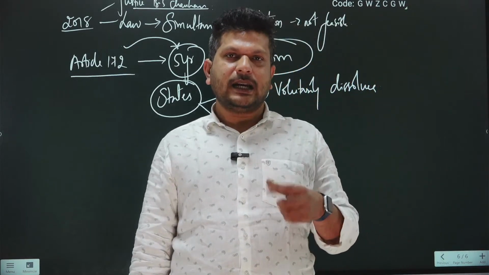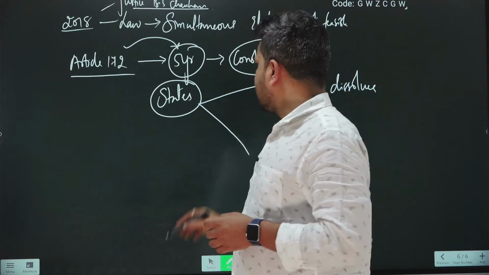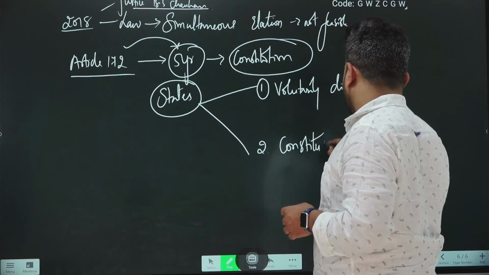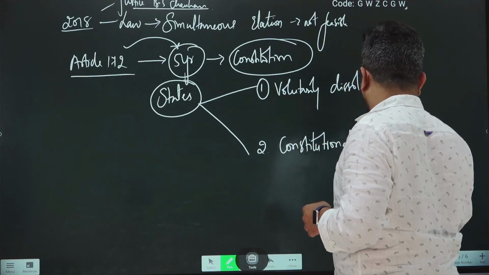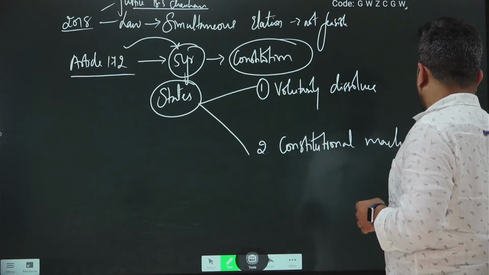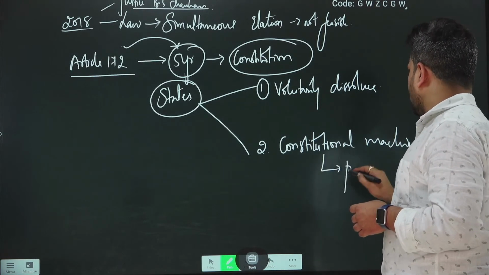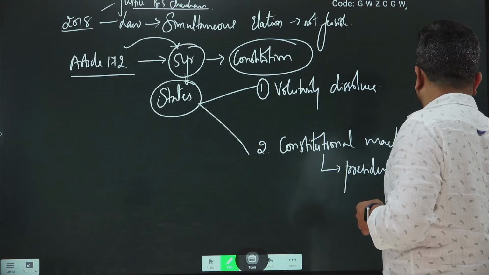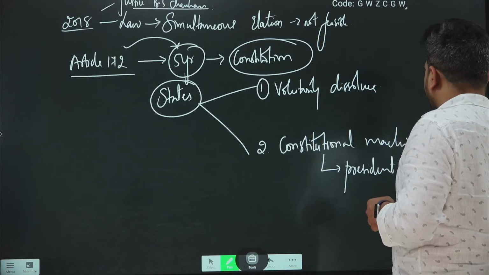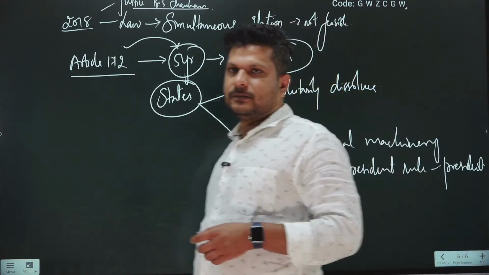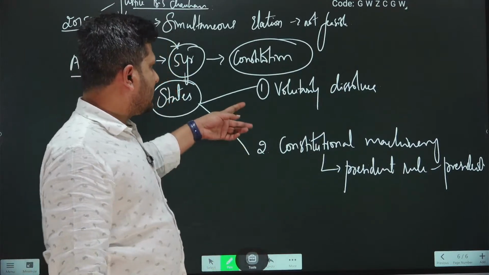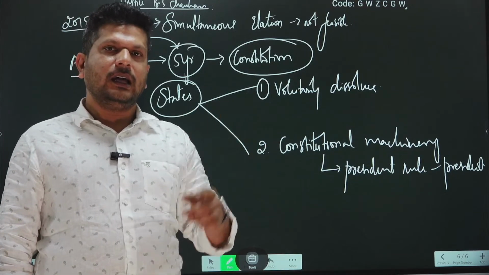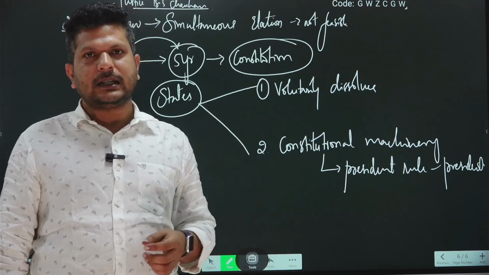There is a provision wherein states can voluntarily give up, or else there has to be a constitutional machinery breakdown, wherein president's rule can be brought in and the president can take over the government so that new elections can be conducted. Of these two provisions, voluntary dissolution is not possible in the states where the governments are in opposition to the center.